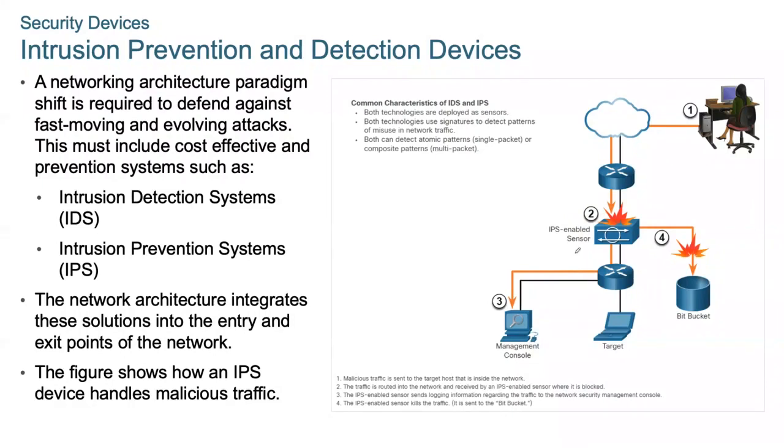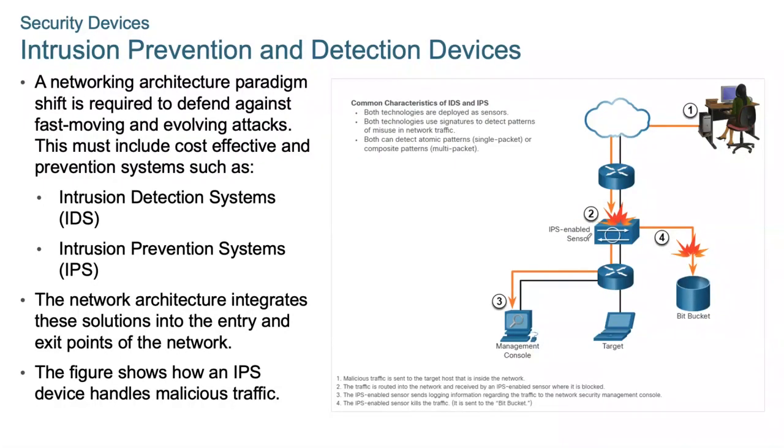Or if you have thousands and millions of devices, then you can have a specially designed intrusion prevention or detection system, because their computational power and sensing power will be more, as they are specially designed for that. So that depends upon the network.